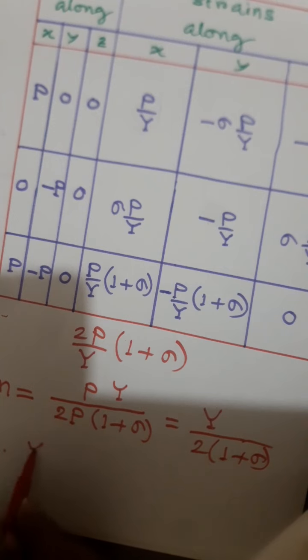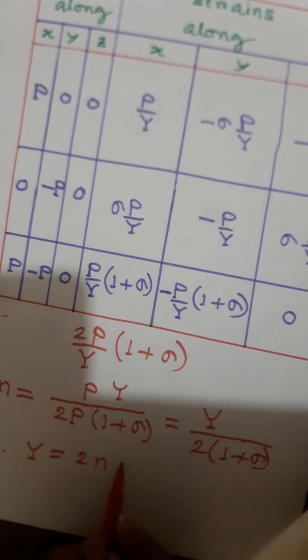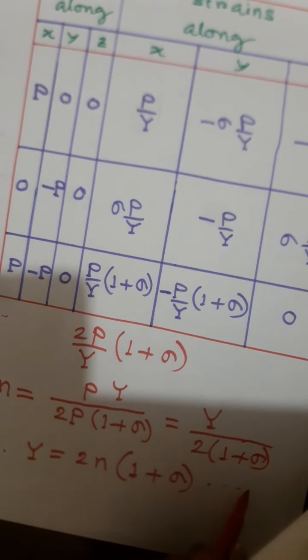Therefore, Y equals 2n into 1 plus sigma. This is the second relation.